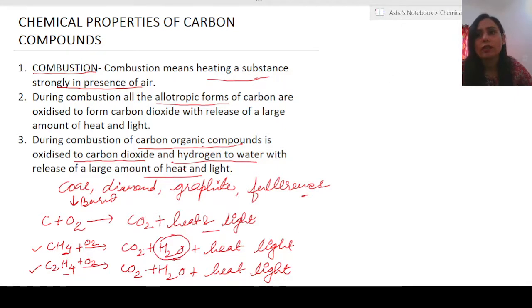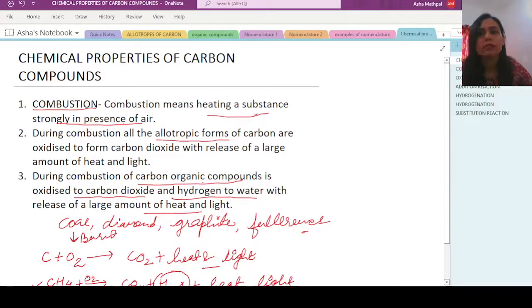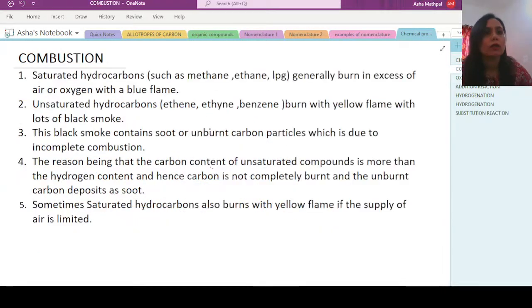So let us try to understand more points in the combustion itself. Now whenever we see the combustion of a saturated hydrocarbon, in our previous sessions we know that it is alkane, right? Like methane, ethane or LPG gas which comes in our home, which is used for cooking, it is having mainly inside it propane and butane, right?